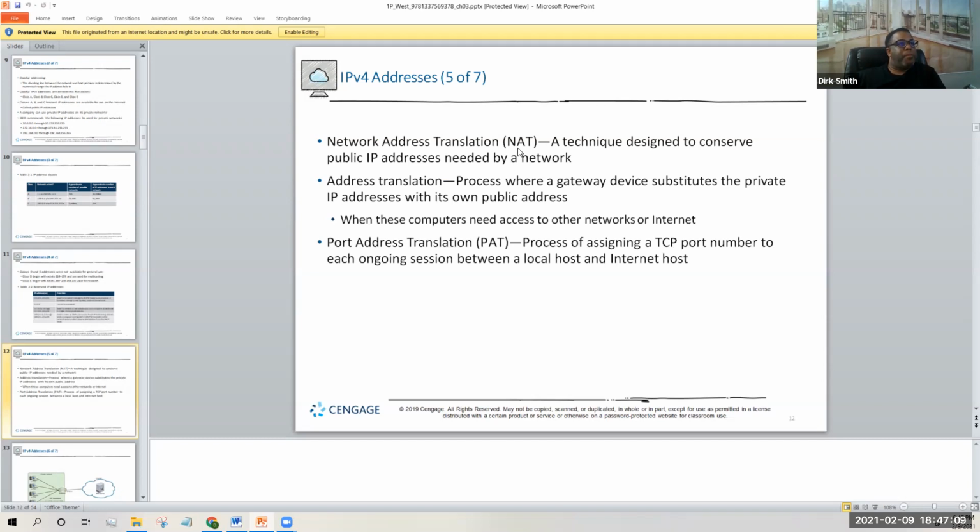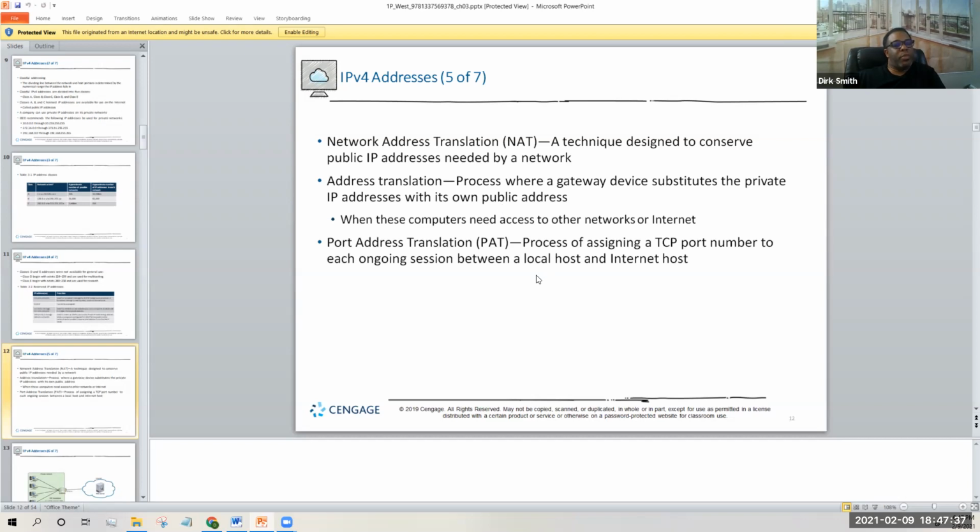NAT. Like I said, we talk about a lot of terminology. NAT, network address translation, is a technique designed to conserve public IP addresses as needed by a private network. These are little tricks that the network administrator would do. Address translation is a process where a gateway device substitutes the private IP address with its own public address.